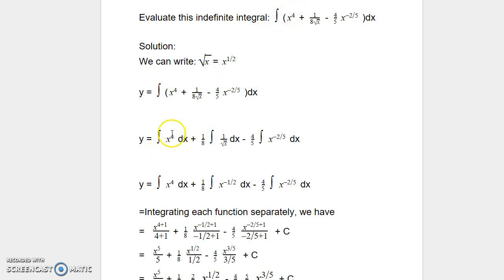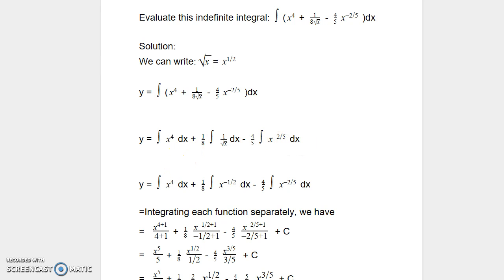We can write this as integral x to the power of 4 dx plus 1 over 8. Since 1 over 8 is a constant, we're going to take that outside of the integral, and then integral 1 over square root of x dx minus, since 4 over 5 is a constant, we're going to write that outside of the integral term as shown here, times x to the power of minus 2 over 5 dx.